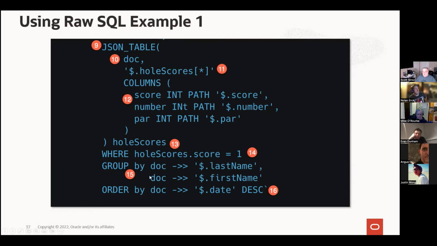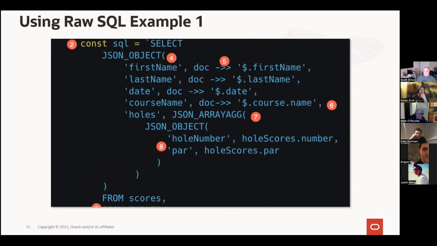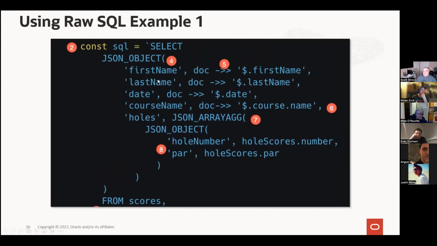And then we do a group by, and again, we have that path operator. So we're grouping it by the last name property and the first name property, and then we're ordering it by the date property. So what's going to be returned here is, let's go back up here, the first name, the last name, the date, the course, and what hole the hole in one happened on.